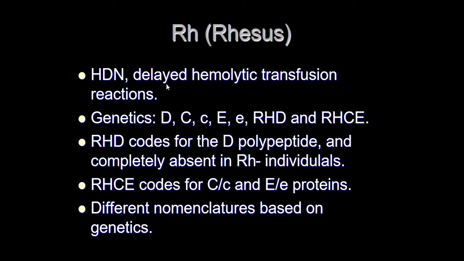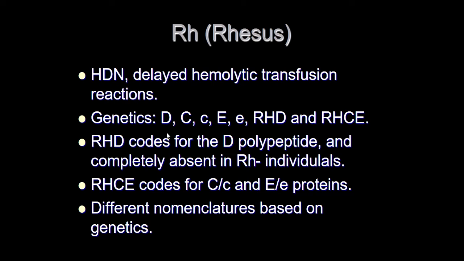This is going to be responsible for what we call delayed hemolytic transfusion reactions, and the baby is going to be born with what we call jaundice or hemolytic blood.